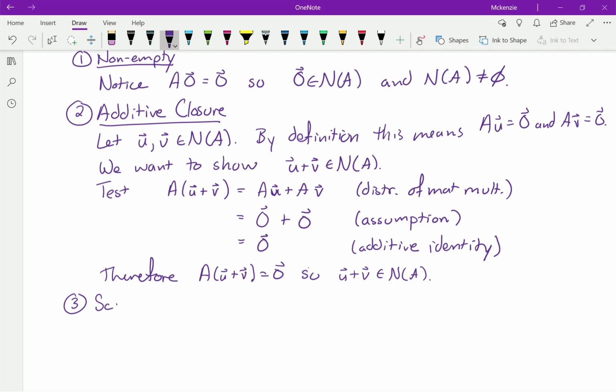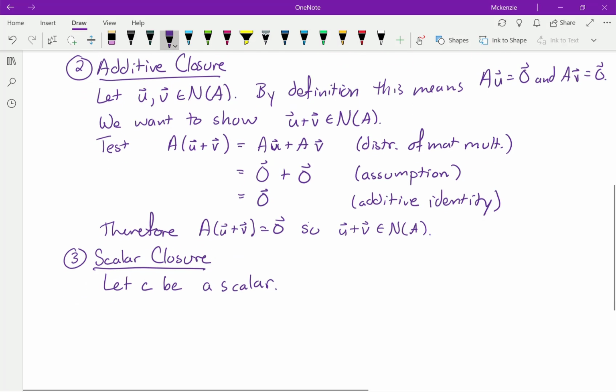Lastly, we need to show scalar closure. So let c be a scalar. We want to show now, using the u from above, that c times u is in the null space.